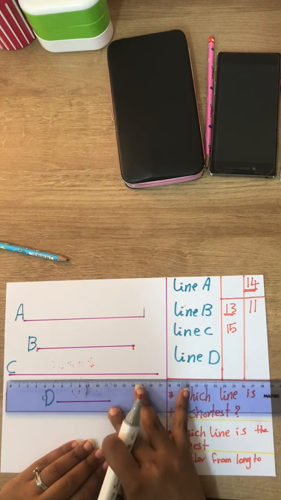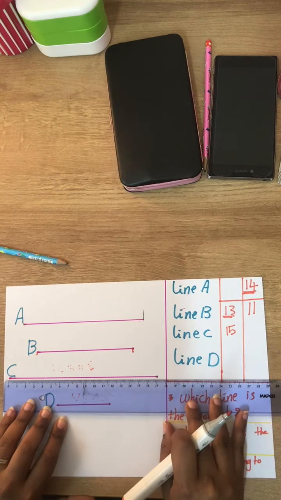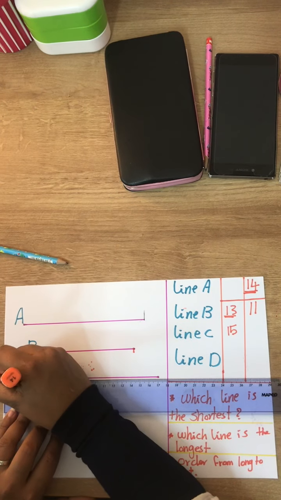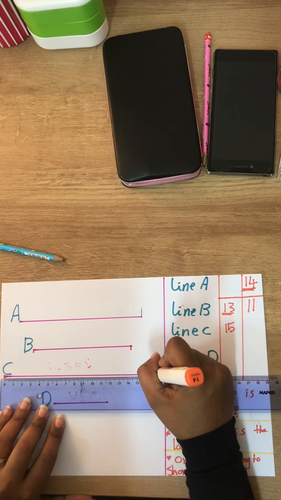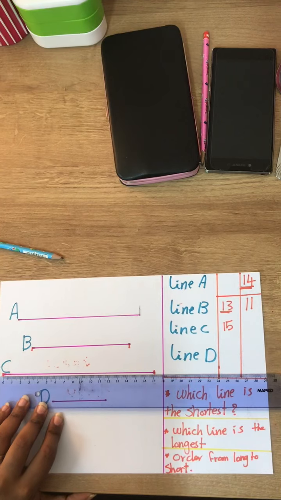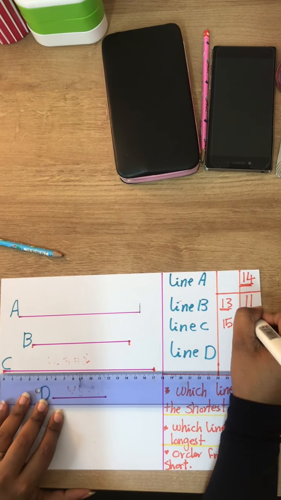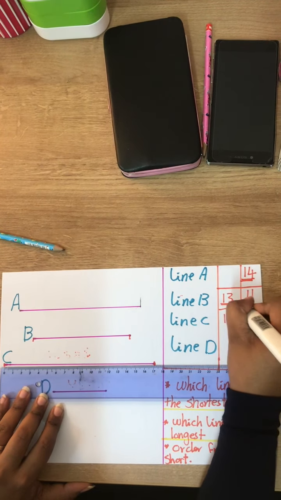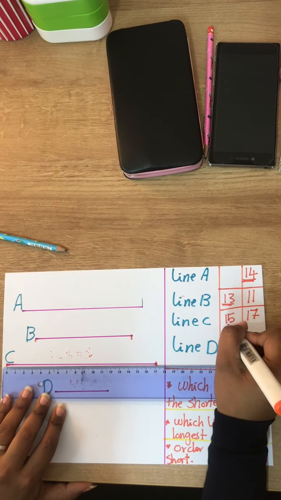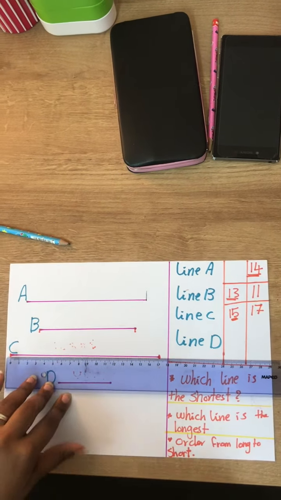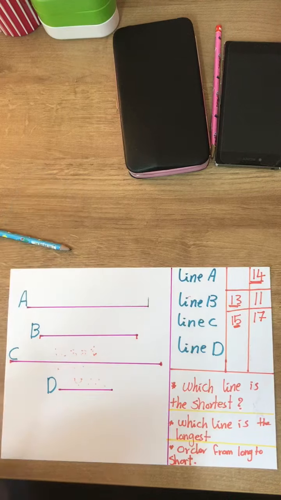I will put the 0 from the first point to the end of the line. The end point here is at 17. That means I estimated wrong again. The correct one is 17. This one was my opinion about it before I measured it.